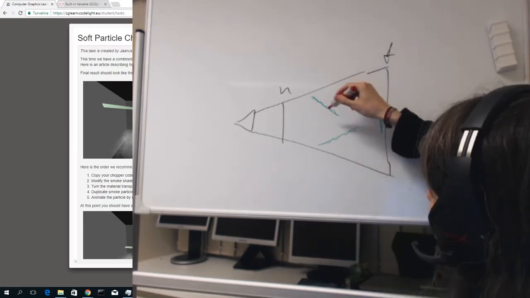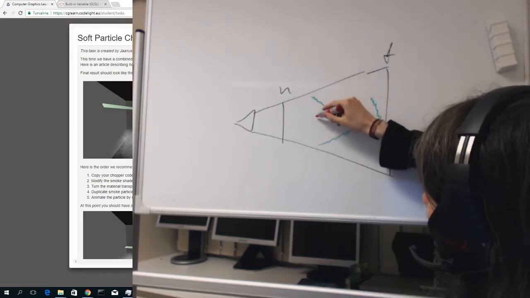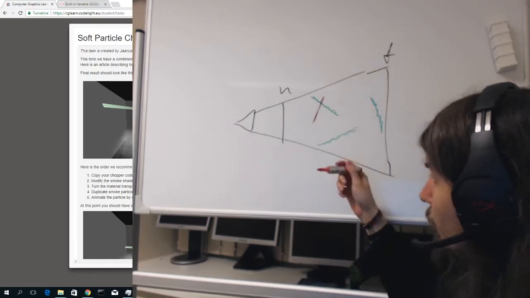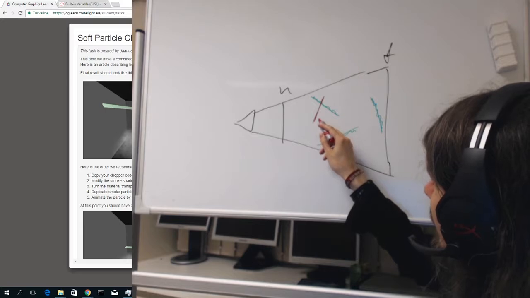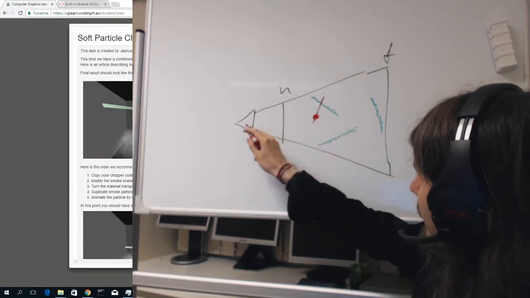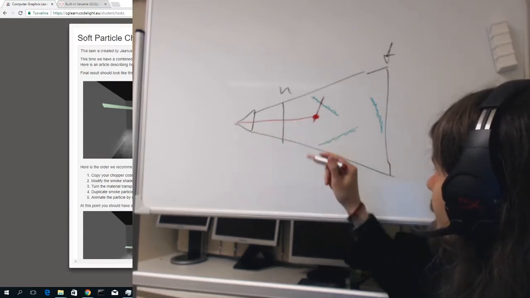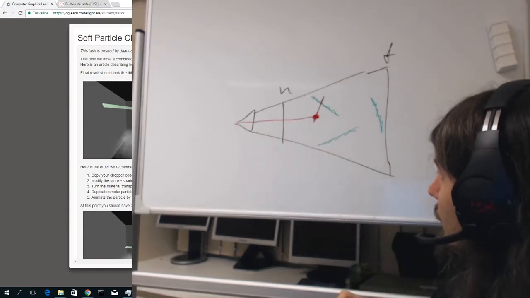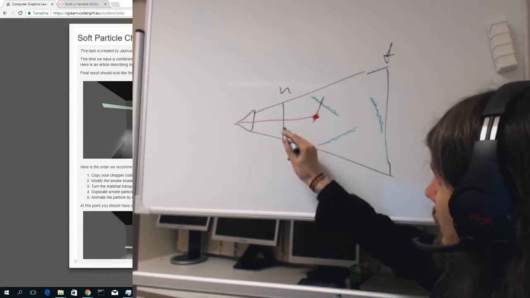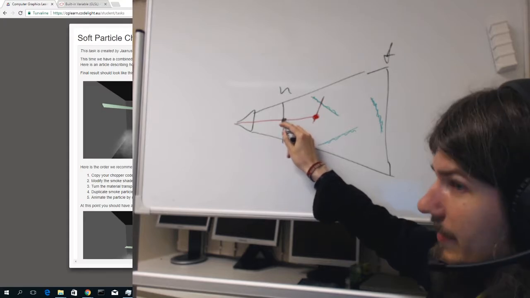So the algorithm works like this: if we have another object here, which is now this particle quad, and we have a fragment that's rendered here, we can check what the depth value was at that pixel from the previous pass.